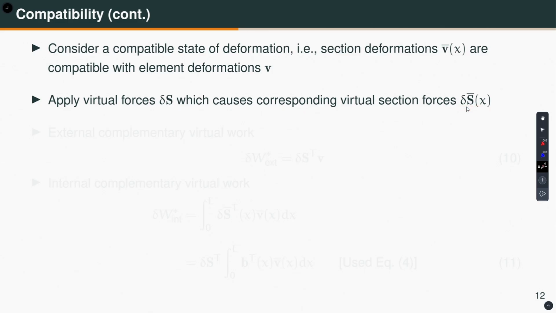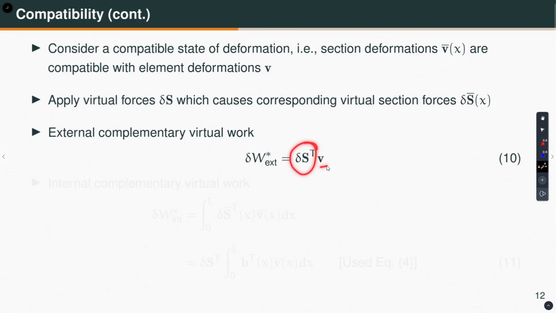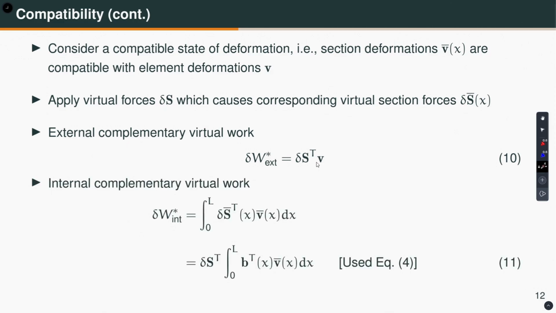Then the external complementary virtual work is delta S transpose V, that means this virtual force is riding through this displacement. The internal complementary virtual work is delta S bar transpose V bar, integrated from 0 to L for the entire length of the element.